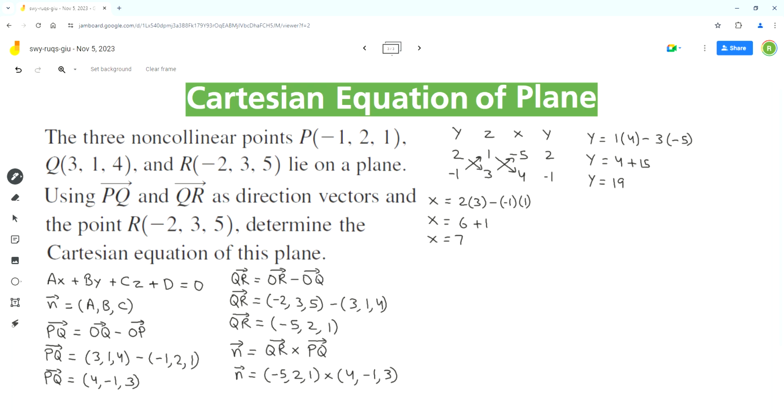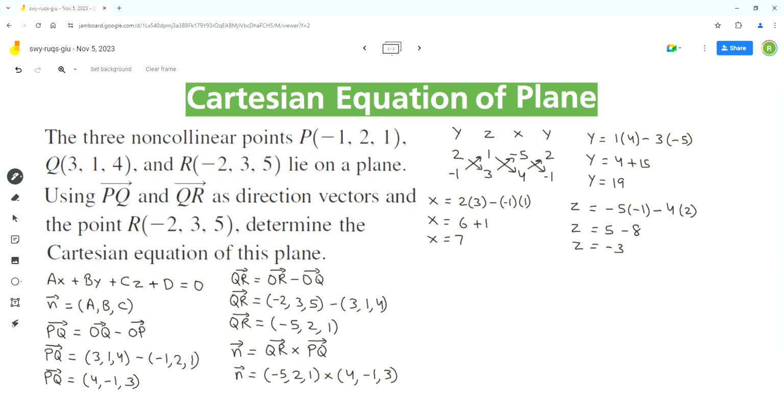I get y equals 19, and now we can find the z component. We should cross multiply the x and y components. We start with -5 times -1 minus 4 times 2. I get z equals -3.